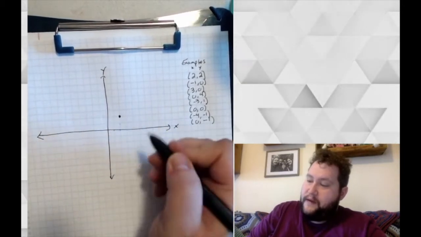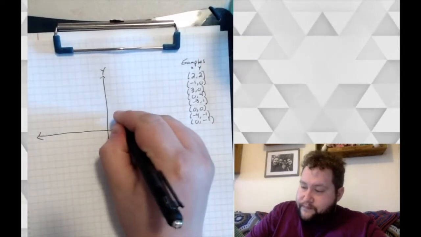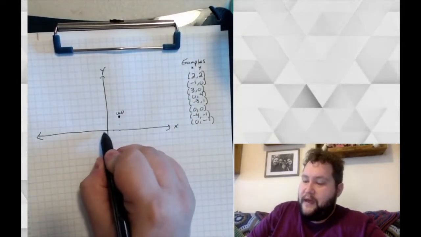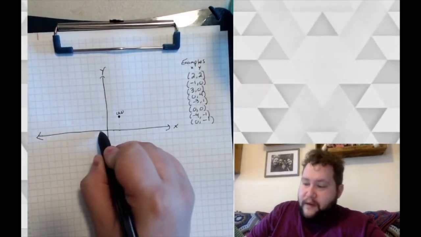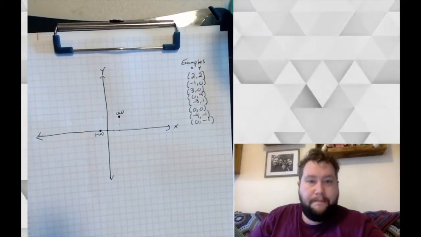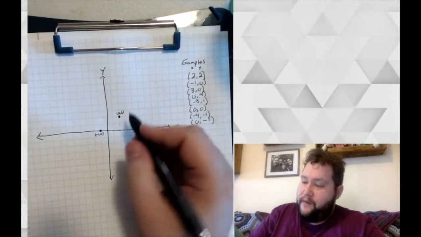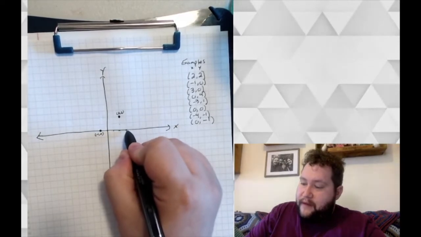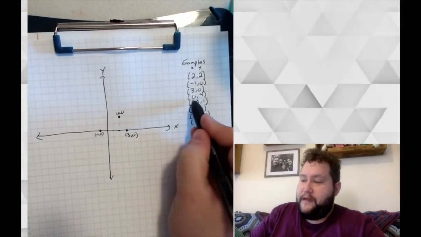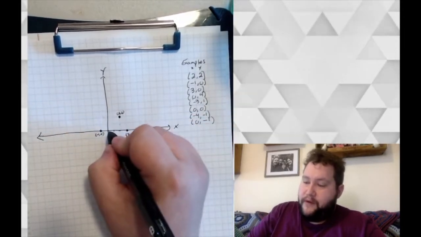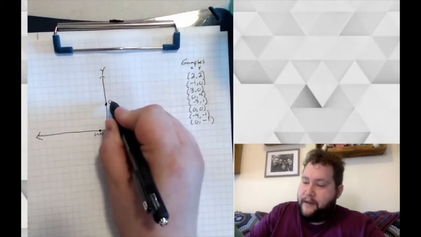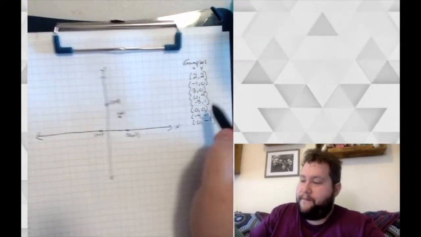That's my point, 2, 2. -1, 0: x is -1, y is 0. 3, 0: 1, 2, 3 on the x, 0 on the y. Then x equals 0, y equals 4: 0, 1, 2, 3, 4. Here we have 0, 4.